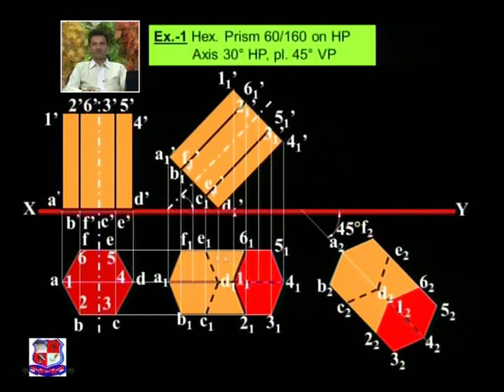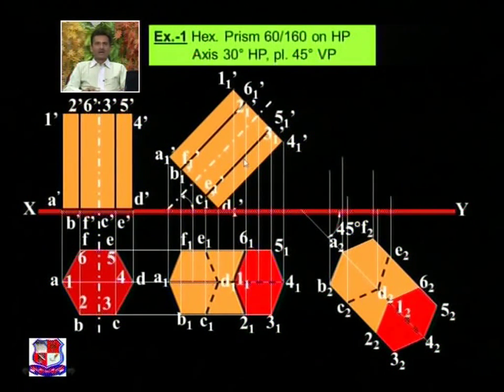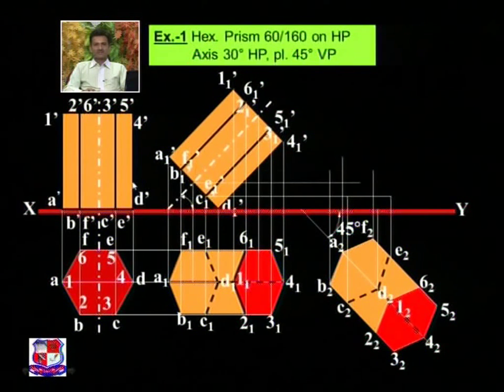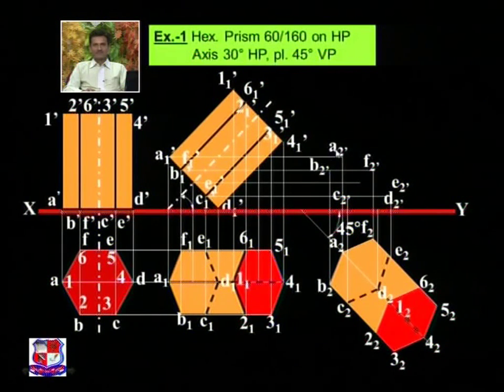You have to redraw this top view at an angle of 45 degree with XY line. Now take the projections, vertical lines from respective points A2, B2, C2, D2, E2 and F2, and horizontal lines from A1 dash, B1 dash, C1 dash, D1 dash, E1 dash and F1 dash, and mark these points. Similarly join all this, name the points A2 dash, B2 dash, C2 dash, D2 dash, E2 dash and F2 dash.